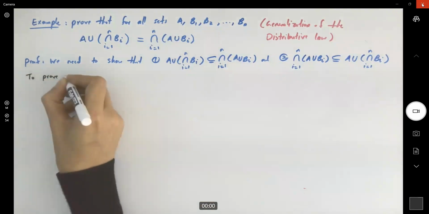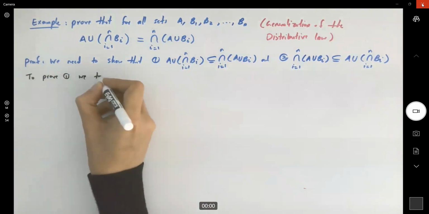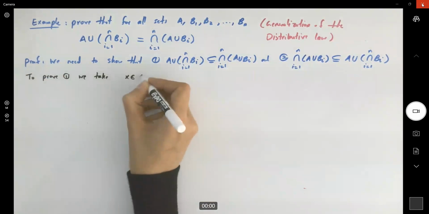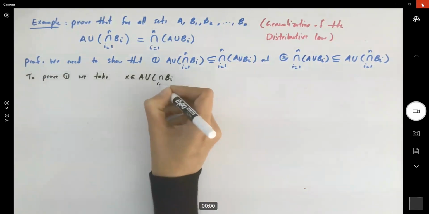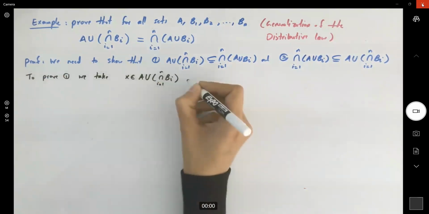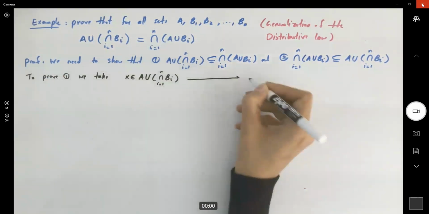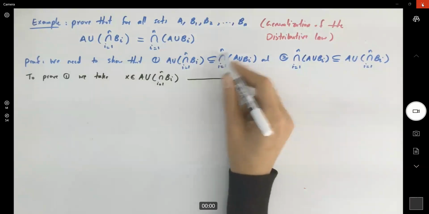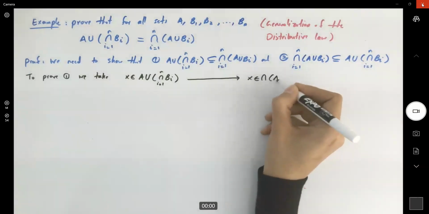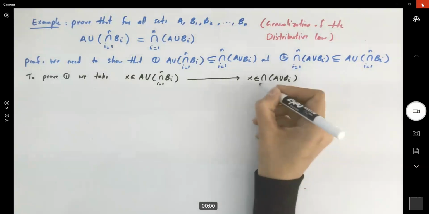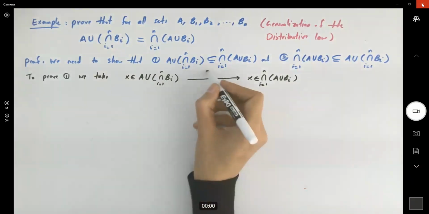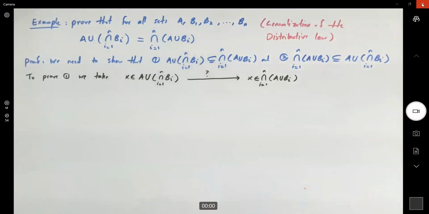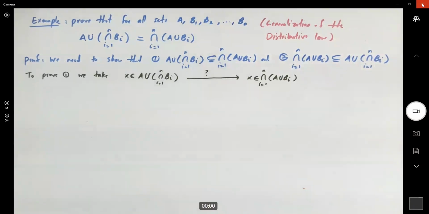To prove 1, we take x in A union intersection Bi, i starts from 1 to n, and then we show that that x lands in the intersection A union Bi's, i starts from 1 and stops at n. Let's put a question mark here. This is what we try to prove.